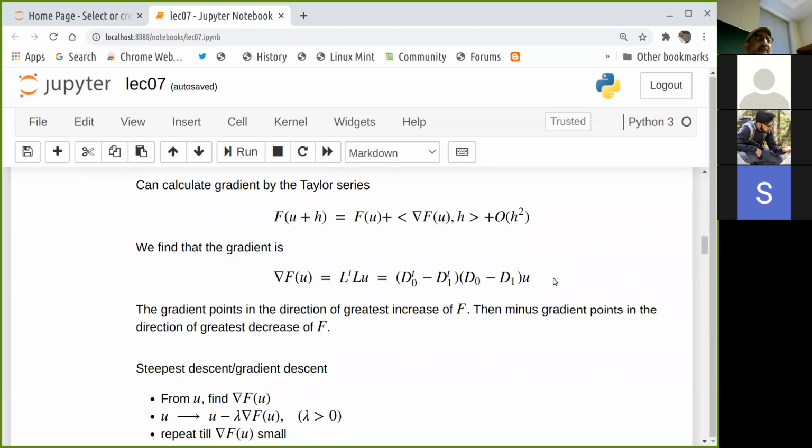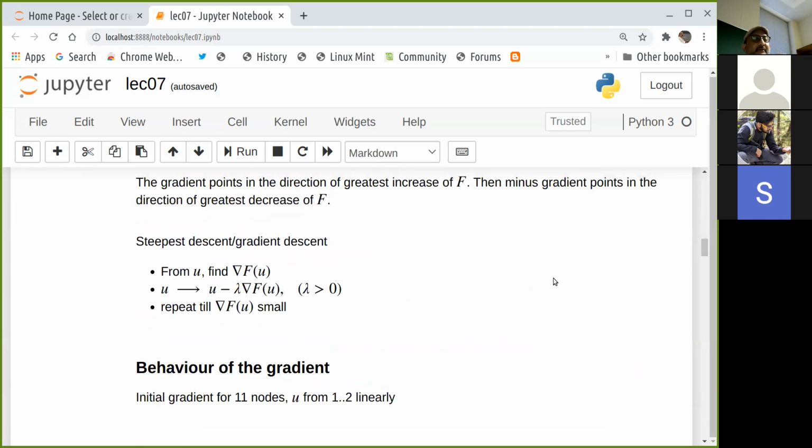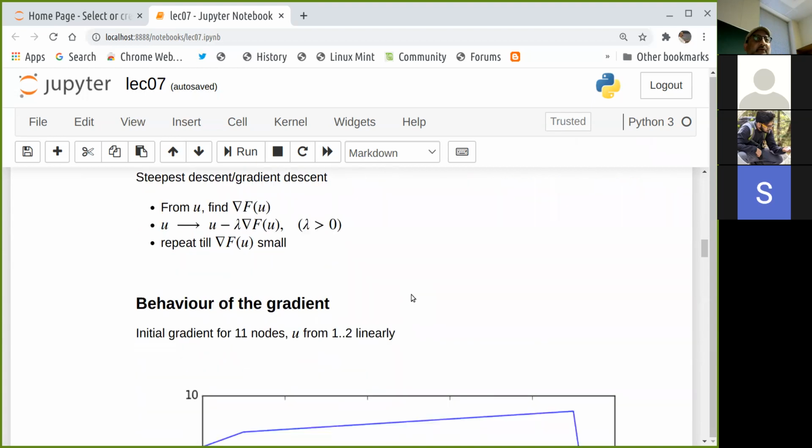So once you've worked out the gradient, this is the way it works. Gradient points in the direction of steepest ascent. So minus gradient points in the direction of steepest descent. So given a u, find the gradient of f of u. Then u should be replaced by u minus lambda times gradient, where lambda is some positive number. Keep repeating until your gradient is small or some other quantity of interest is made small.